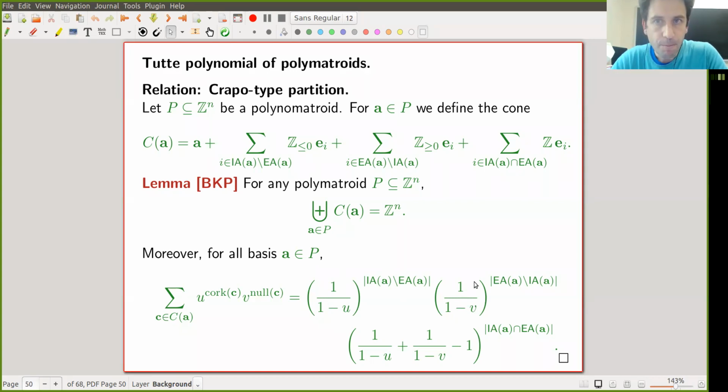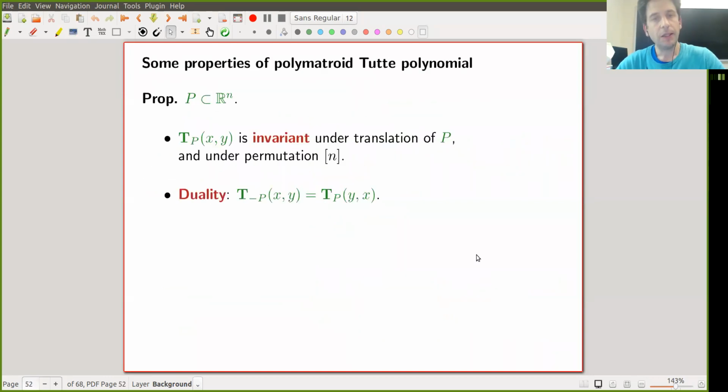All right, so that's for the two definitions, and it works well.